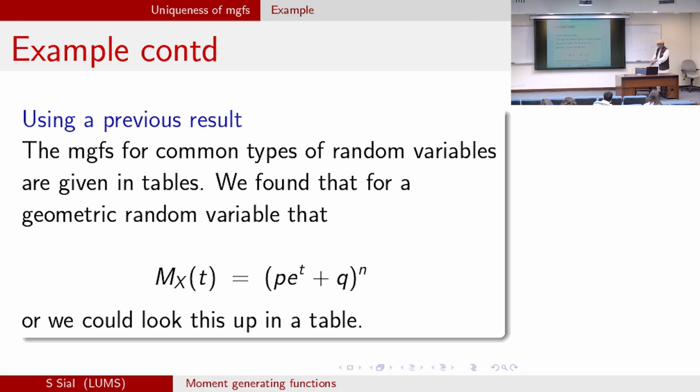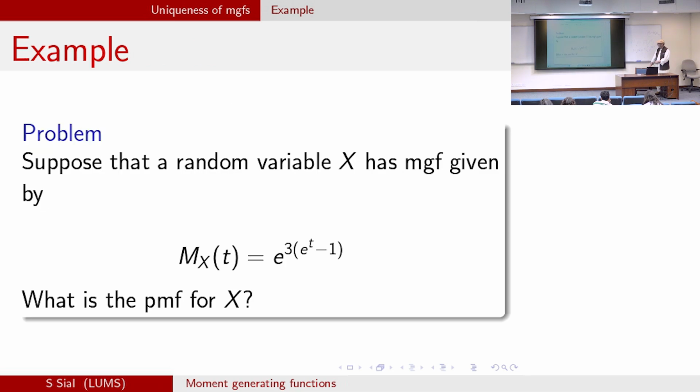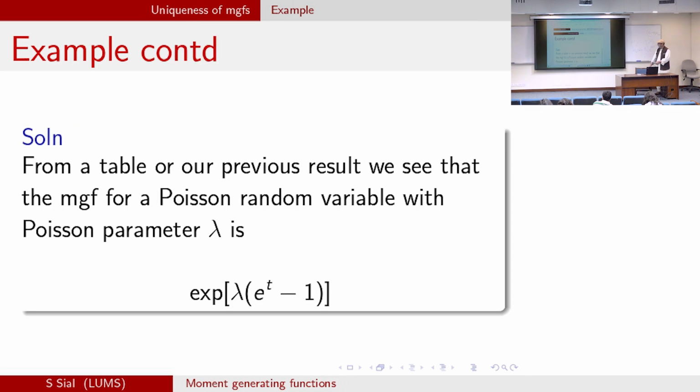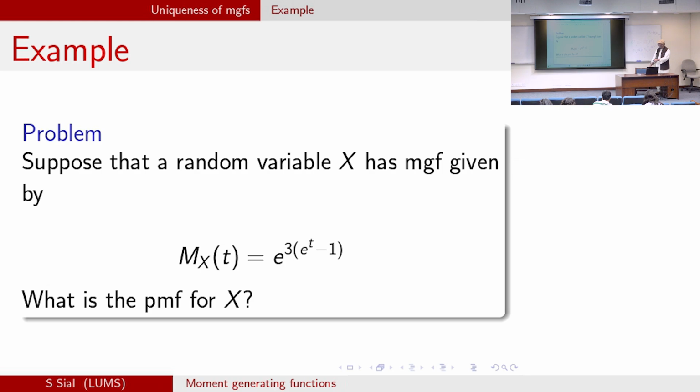What about this one? That's right. For the Poisson, it's exponential lambda times e to the t minus 1.